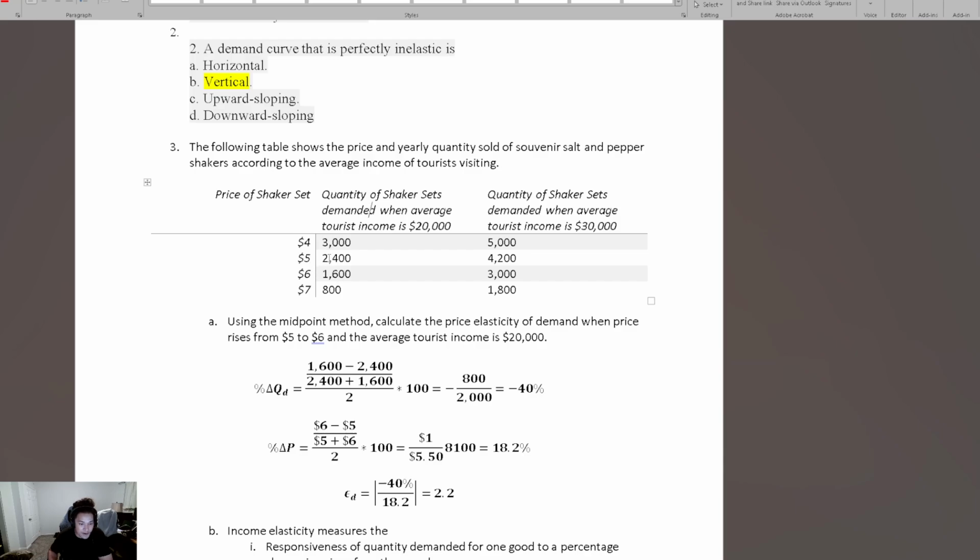And so our two quantities correspond to our two prices, $5 and $6. We want a quantity of 2,400 and a quantity of 1,600.